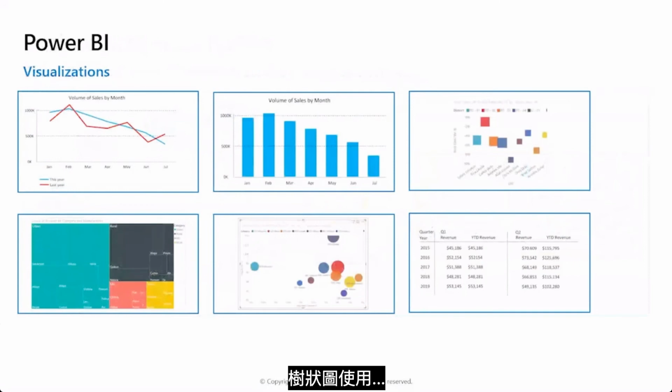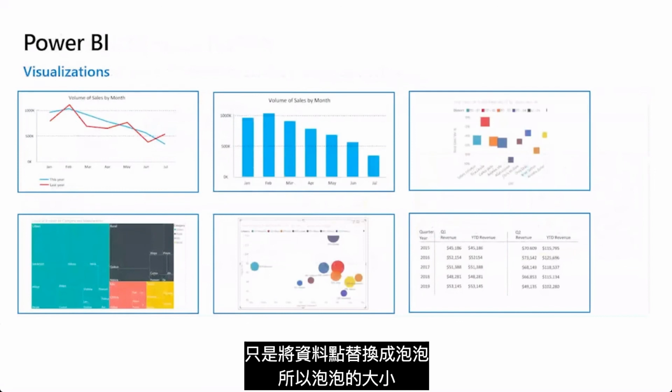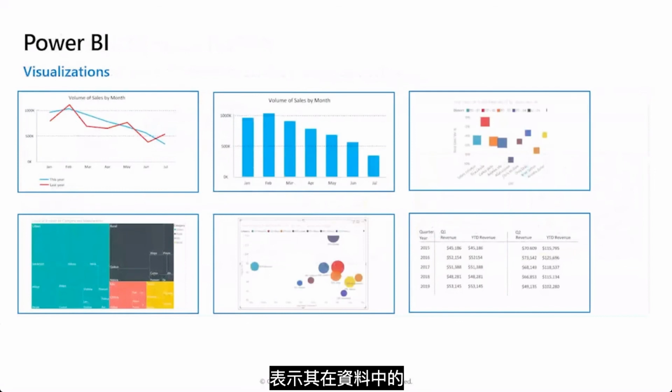Tree maps are used as charts of colored rectangles, so that the sizes of the rectangles generally represent the relative value of that item, and so they can be hierarchical. Rectangles can also be nested within other rectangles. Scatter plots or scatter charts can be used to show the relationship between two numeric values, and a bubble chart is essentially a scatter chart that replaces the data points with bubbles, and so the bubble size represents its relative data points in the data.